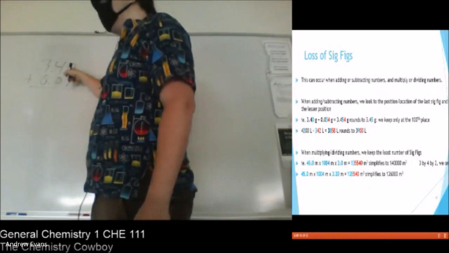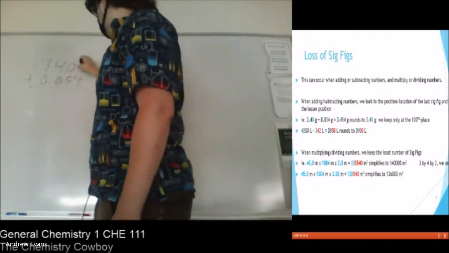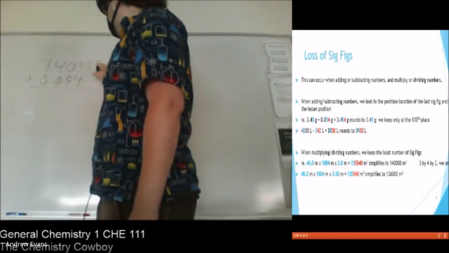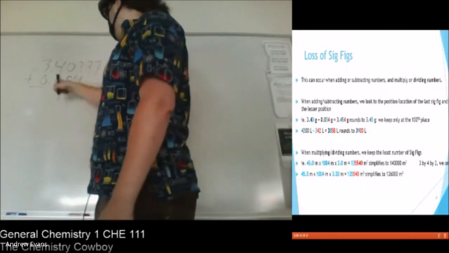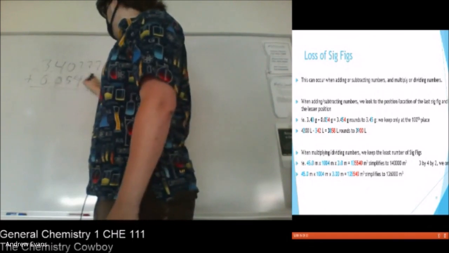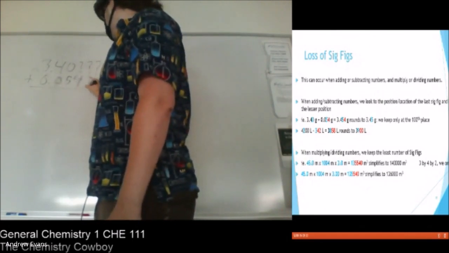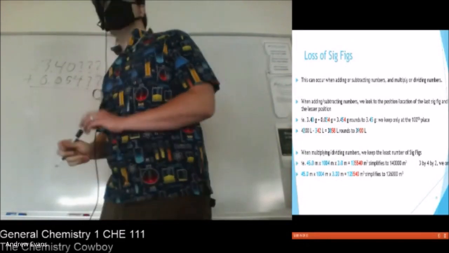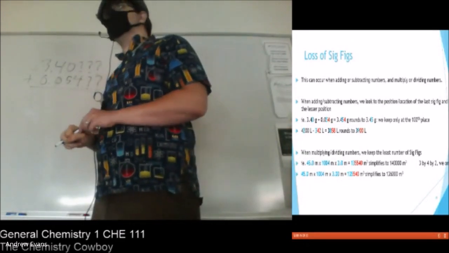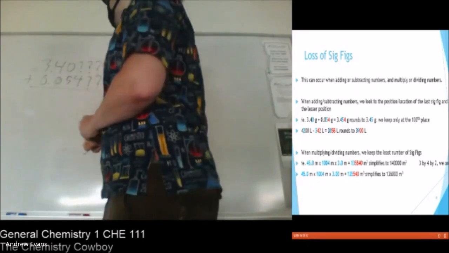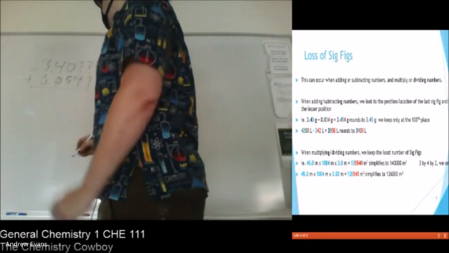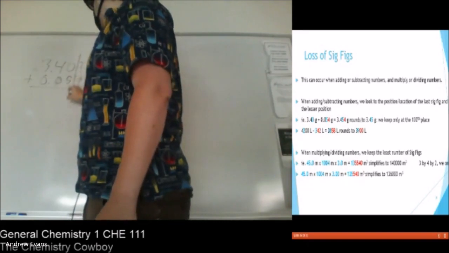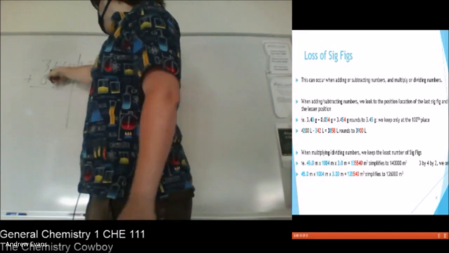After that 0 is the unknown, the big question mark. And it keeps going out with question marks. After 0.054, after the 4, we have a question mark. It keeps going out. That question mark is our uncertainty. We don't know what that number actually is. So we're going to draw a line right there.